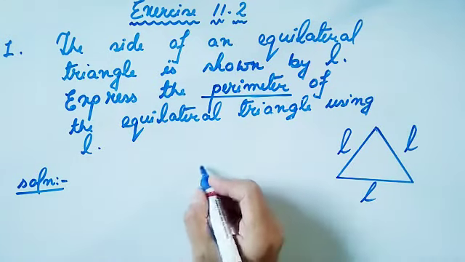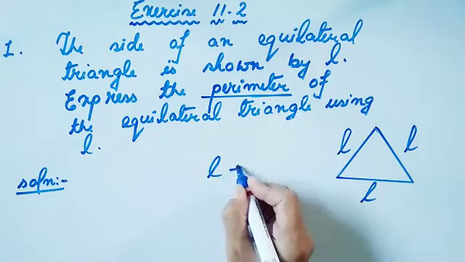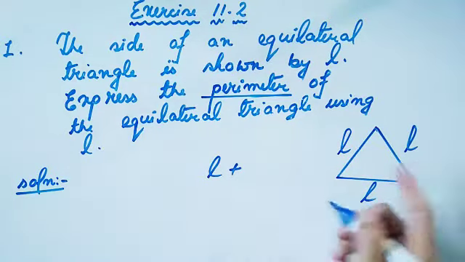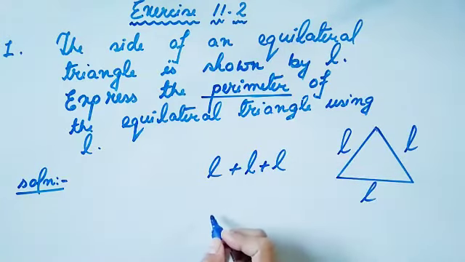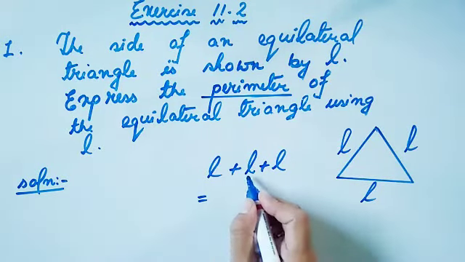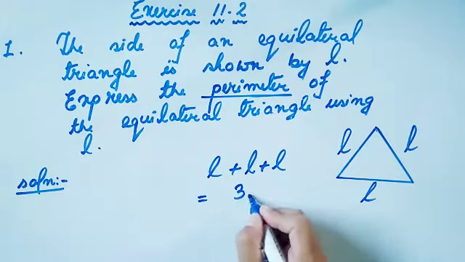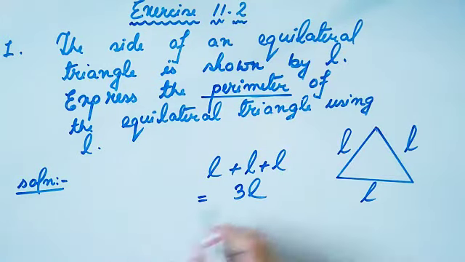So perimeter will be L plus L plus L. That means L plus L plus L will be 3L. Understood? So this will be our answer, 3L.